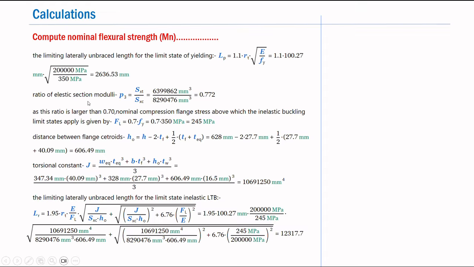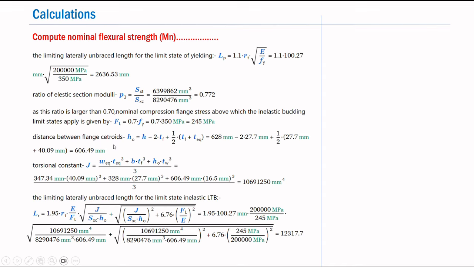Next, we proceed for the ratio of the elastic section modulus, that is Sxt by Sxc, and that works out to be 0.772. So as this ratio is larger than 0.7, the nominal compression flange stress above which the inelastic buckling limit state applies is taken as FL, that is equal to 0.7 into Fy, that is equal to 245 MPa.